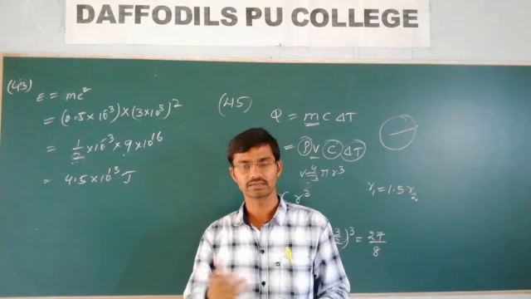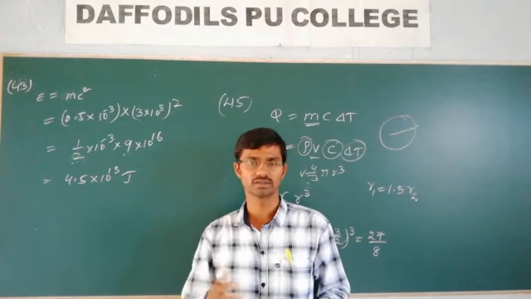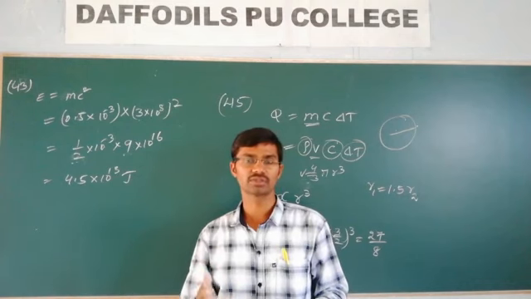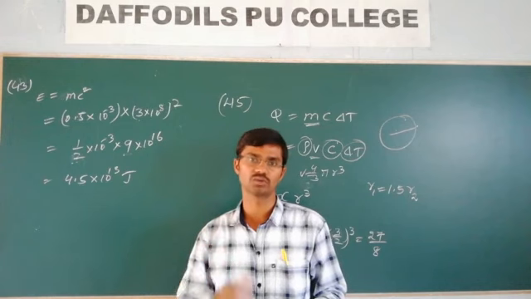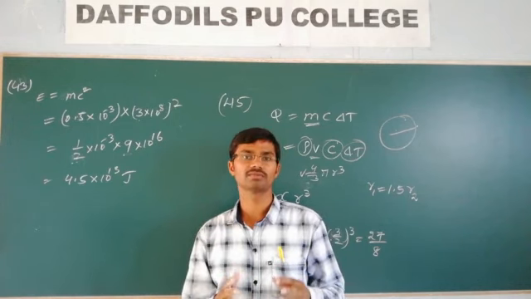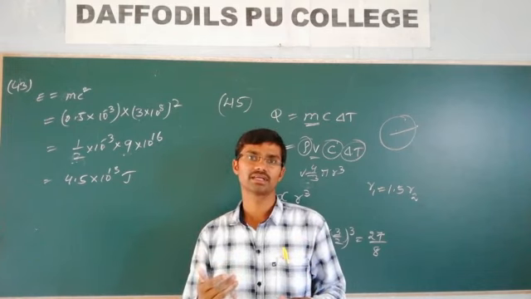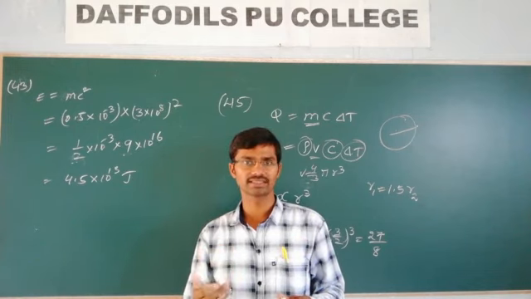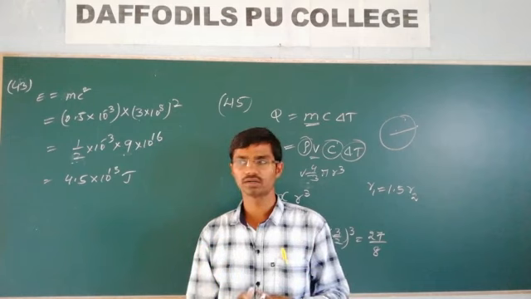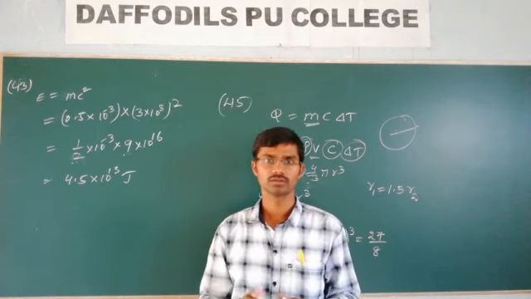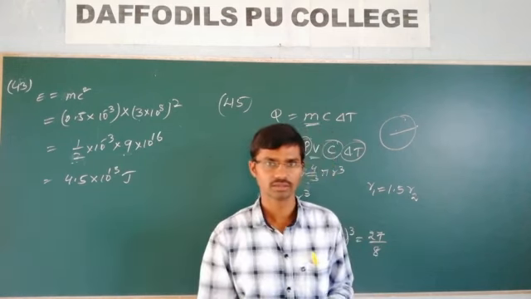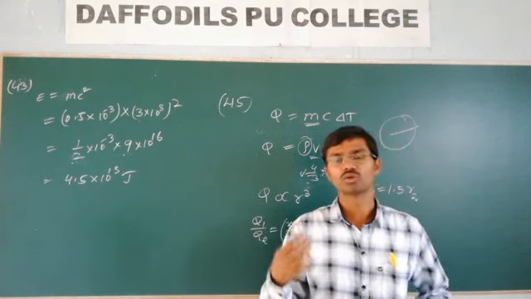The predicted rank for 500 marks is around 25,000, whereas for 510 we are getting around 11,000 to 18,000, and for 550 we are getting around 8,000 to 9,000. That is because the paper was very easy.